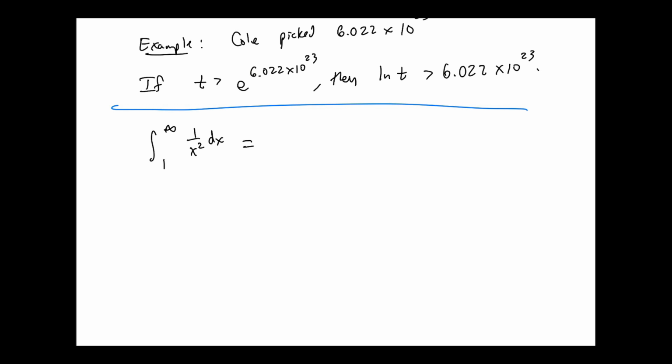I need to think of it as the limit as t goes to infinity of a proper integral from 1 to t of 1 over x squared dx. So again, an improper integral is a limit of a proper integral. Now we need to do the proper integral, and then we'll take the limit. We'll see what we get. Does that make sense?